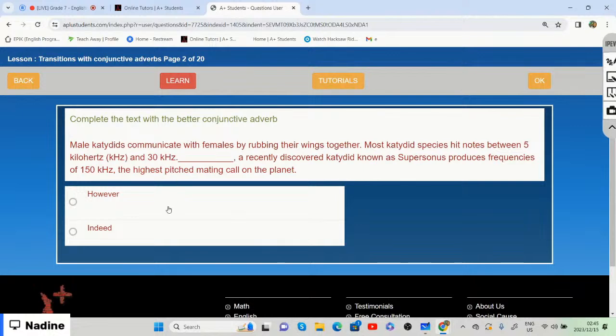Do we say however or do we say indeed? A recently discovered katydid known as supersonus produces frequencies of 150 kilohertz, the highest pitched mating call on the planet. So it's either however or indeed.